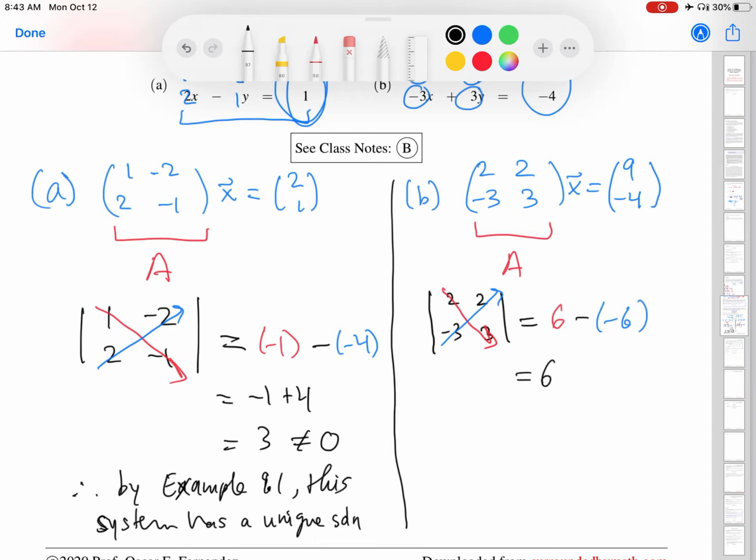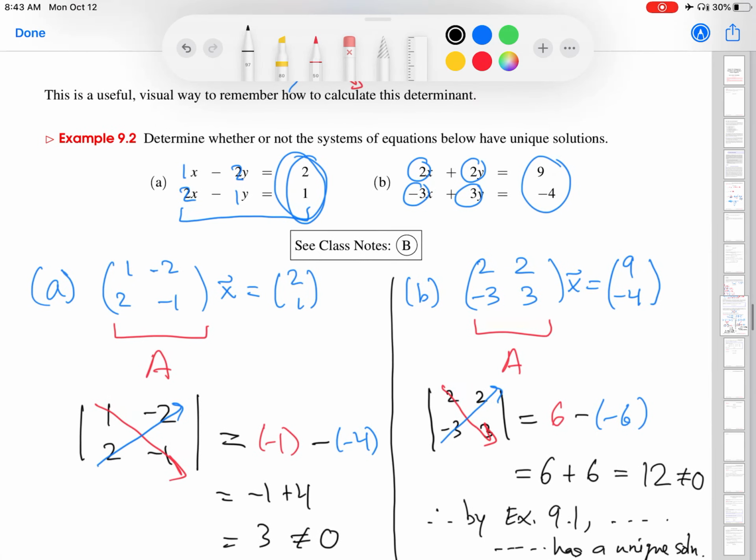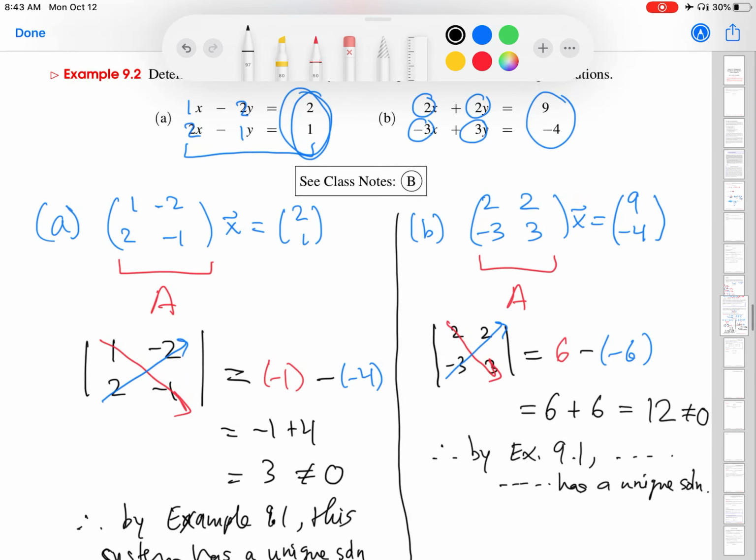I get 6 plus 6 equals 12. So that is, again, not equal to 0. Therefore, by example 9.1, this system also has a unique solution. Okay, so we have arrived at a unique solution for both of these systems.